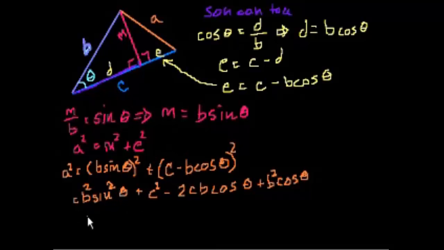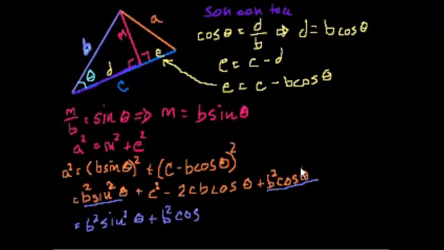And now let's see if we can do anything interesting. Well, if we take this term and this term, those two terms are B squared sine squared of theta plus B squared cosine squared of theta, because we squared it, and then we have plus C squared minus 2BC cosine theta. Well, what does this simplify to?